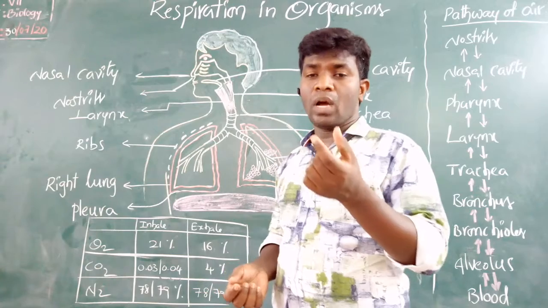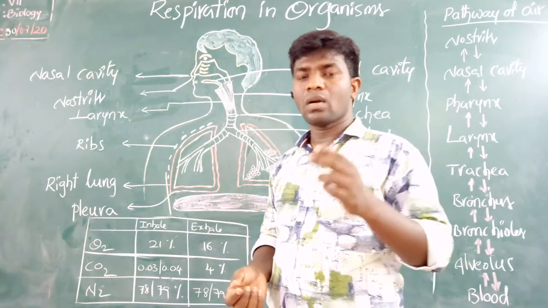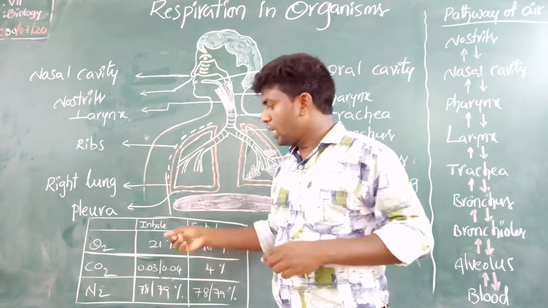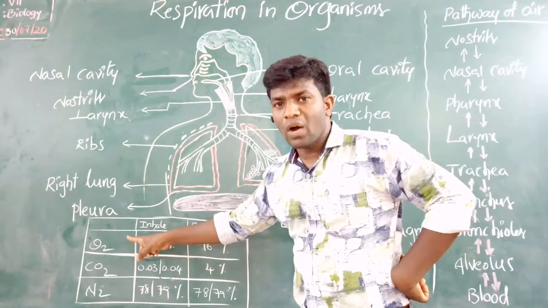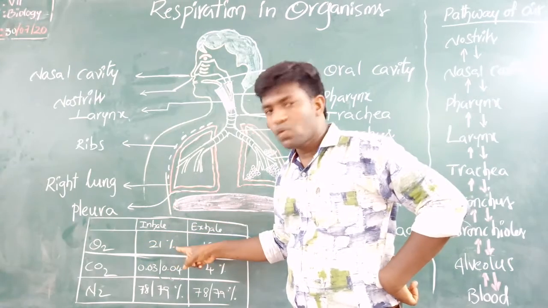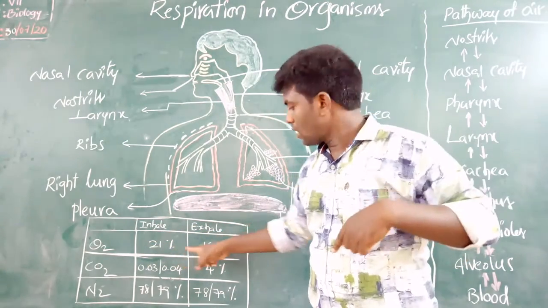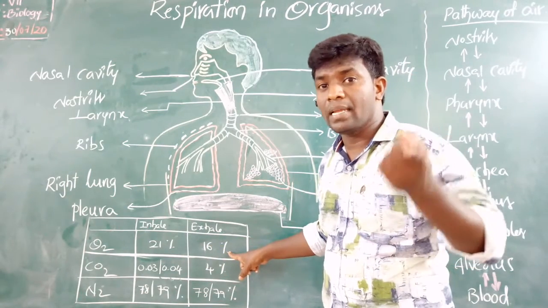One of the best examples of taking oxygen and releasing oxygen is the cow. So here, inhale and exhale. How much oxygen are we inhaling? 21% oxygen we are taking, and 16% oxygen we are exhaling.